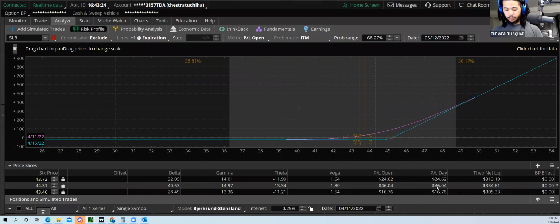All right, so let me rewrite this out. So 43C, pay 79, first price target is 37.64, then 53.50, then 93.48.